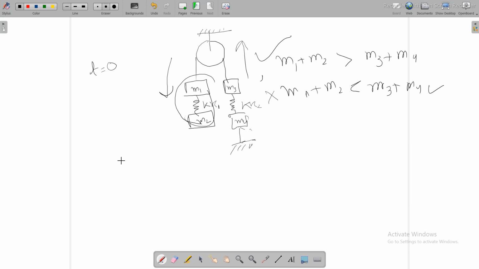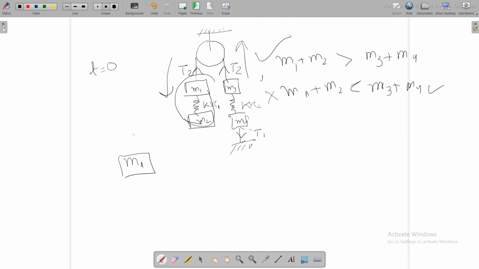Now we have to write the equation for each of the masses in equilibrium. Assume this tension to be T2, so this will also be T2, and this tension will be T1.